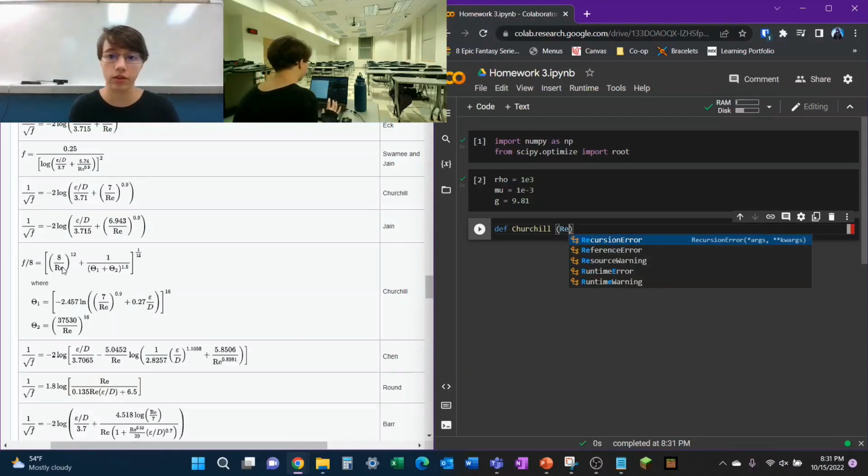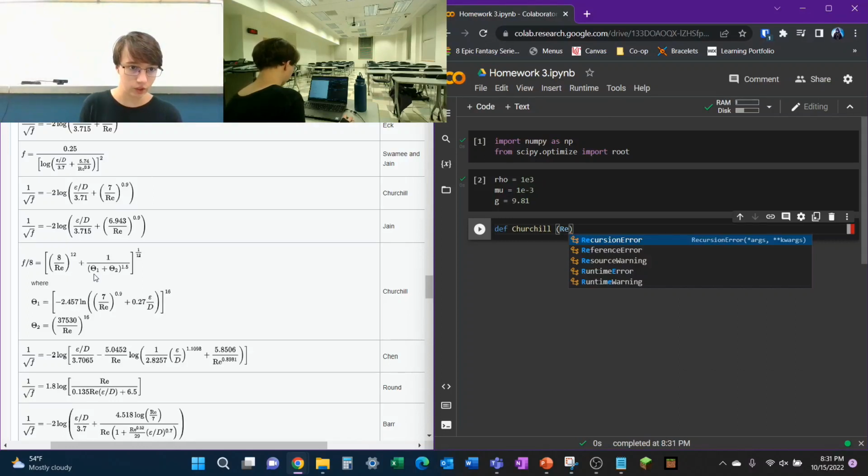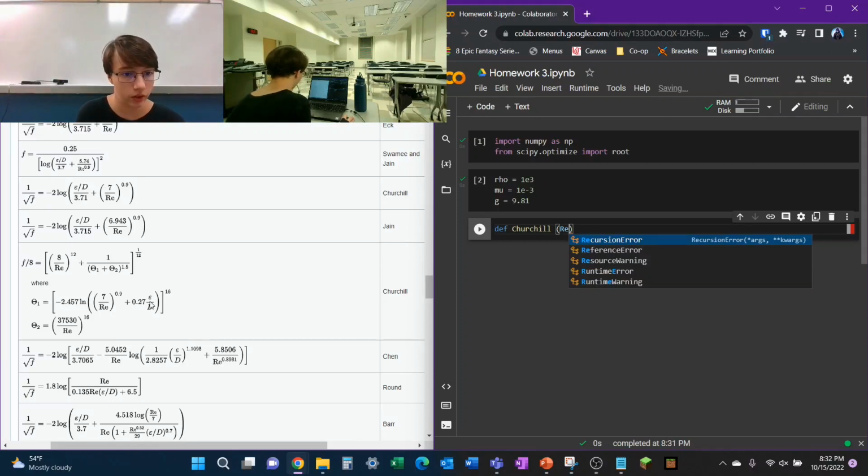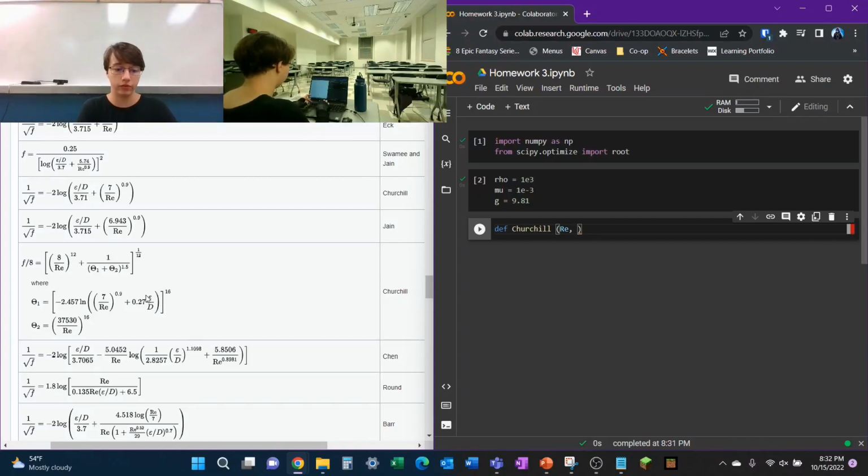We can calculate the Reynolds number elsewhere. It's also going to take in theta 1 and theta 2, which are defined here. And then within there we have this e over D term, and we'll use one variable for that, ED. ED is a value of the roughness of the inside of the pipe. And then I think that's it.